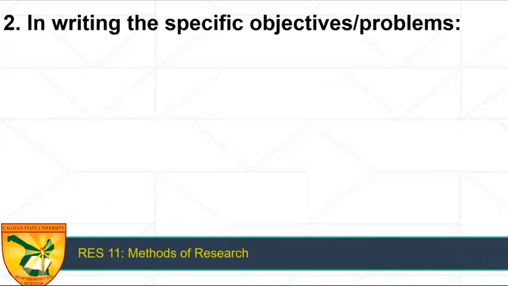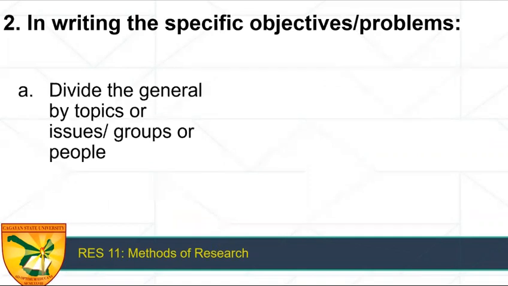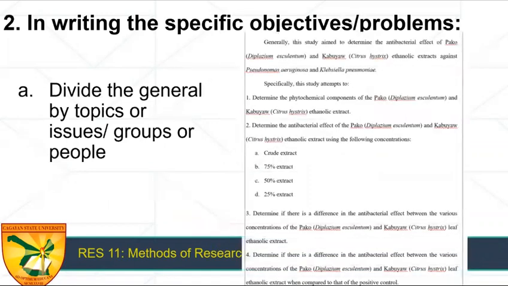Next is writing your specific objectives. So normally you divide the general objective by topics or issues or groups of people for you to determine or answer your general objective. So you see here, for example, number one, determine the phytochemical components of pako and kabuyaw.